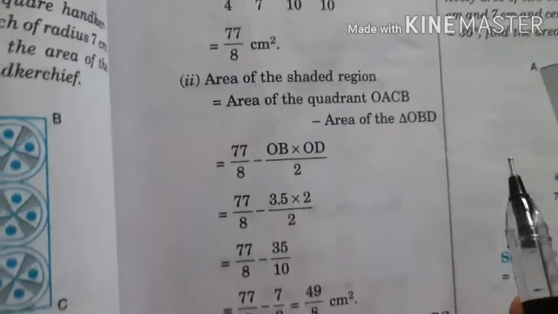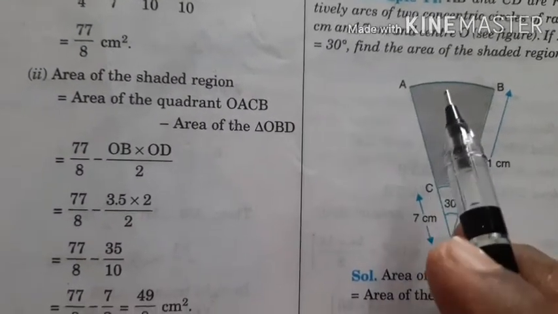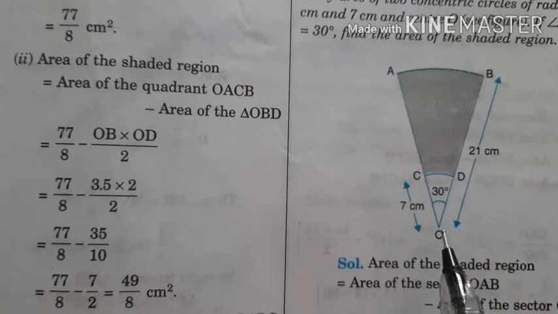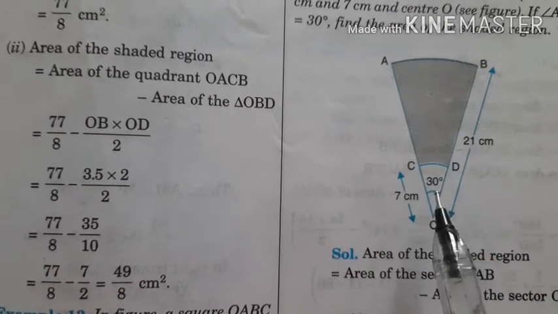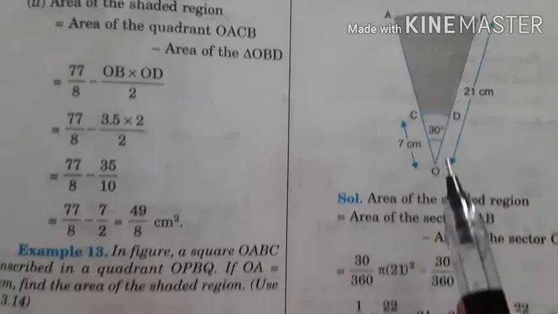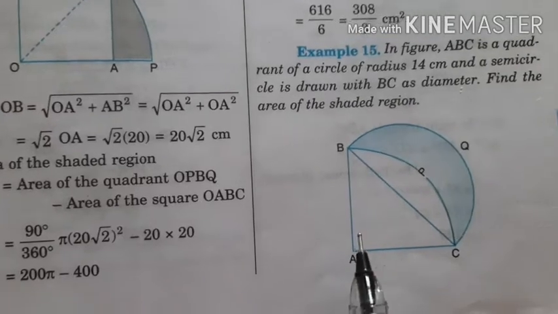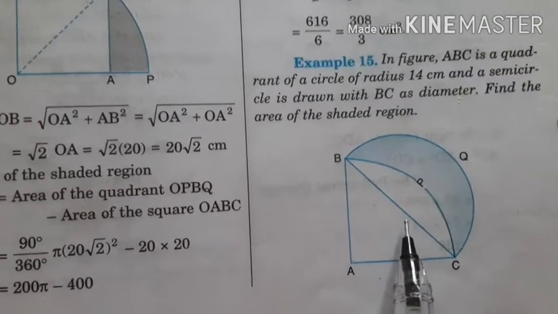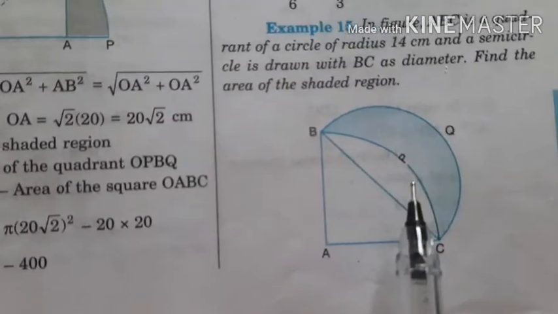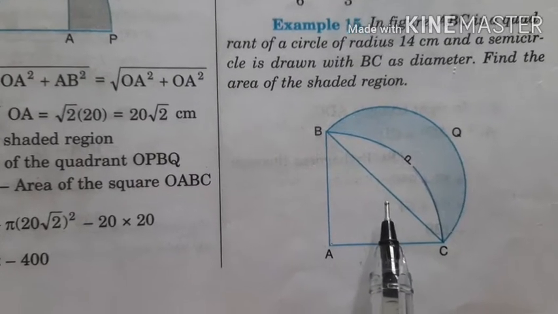See here, this is not a single shape. Here it is the combination of two sectors with the same central angle, but we will be asked to find the area of this shaded region. Look at this. We see a figure here which is not a single shape. It is also a combination of different things.